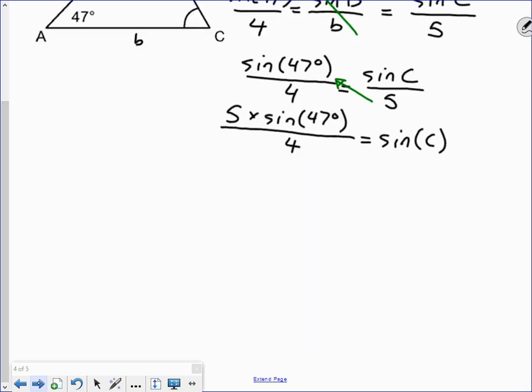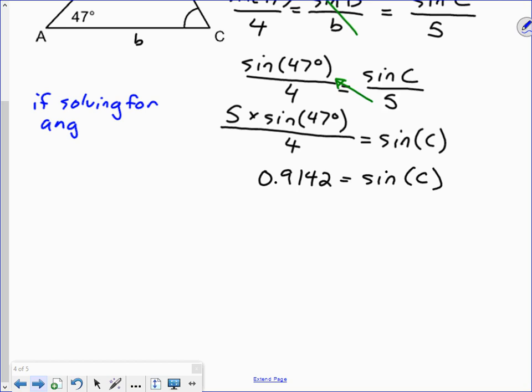So just punching 5 times sine 47 degrees, then hitting equals in my calculator, and then dividing by 4, I'm going to get 0.9142 is equal to sine C. Now, this isn't my final answer. We don't want to find sine of angle C, we want to find angle C. So just like when we were working with sine, cos, and tan, if we're solving for an angle, our last step is going to involve using one of those inverse trig functions.